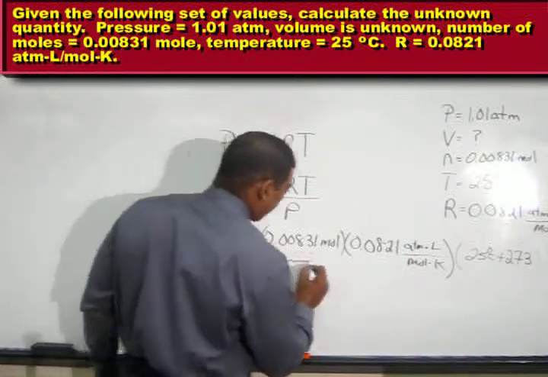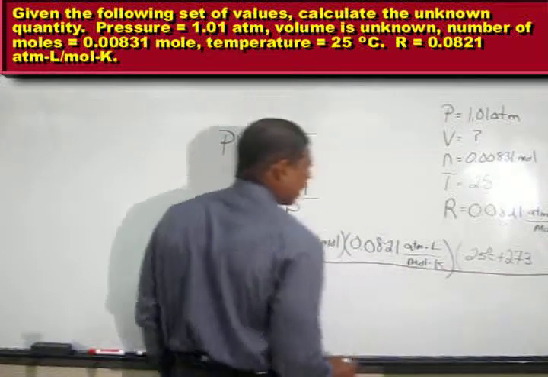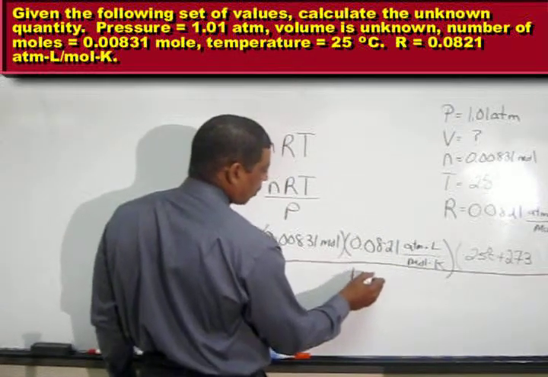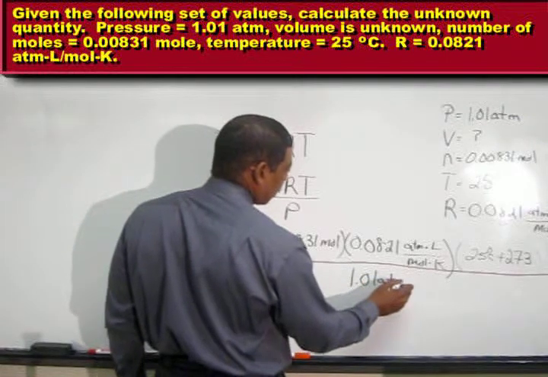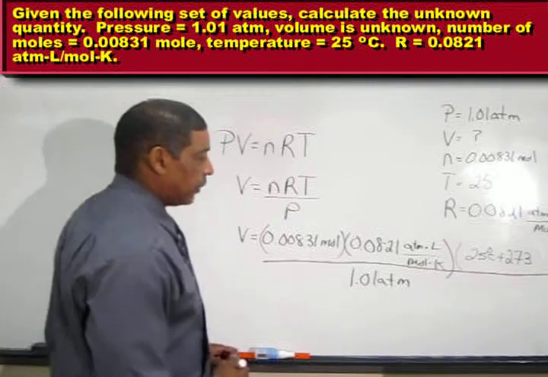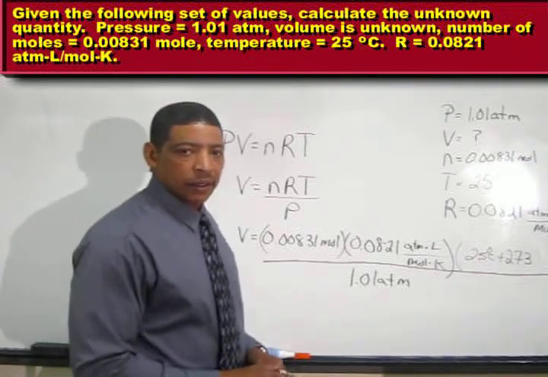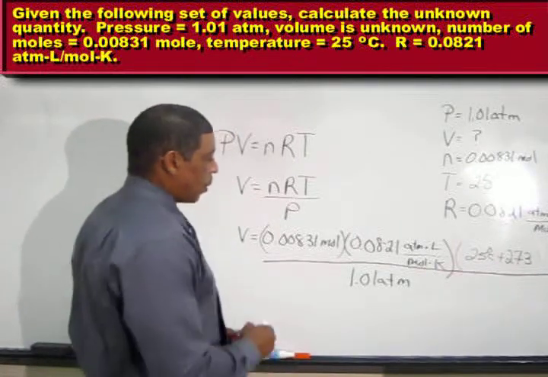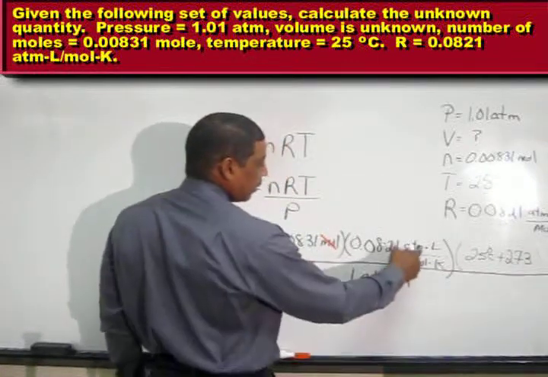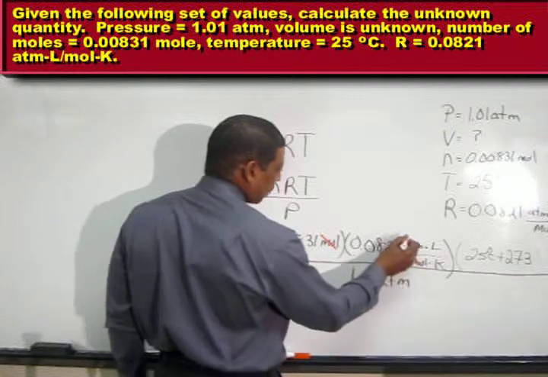Now simply divide by the pressure, which is 1.01 atm. At this point, it's convenient to cancel the units, where moles will cancel, atm will cancel.